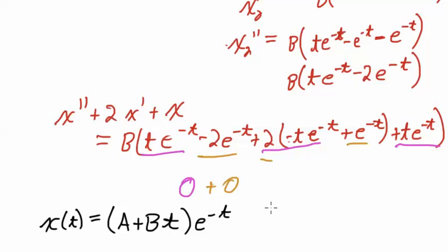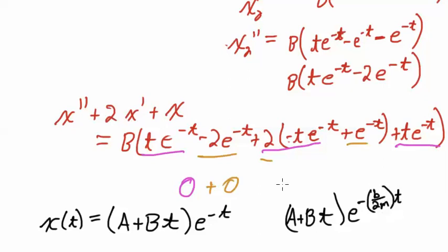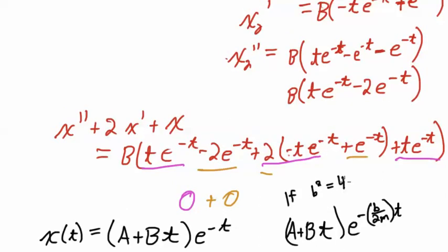More generally, that's a plus bt e to the negative b over 2m t. And that happens if b squared equals 4mk. That is the critically damped case.